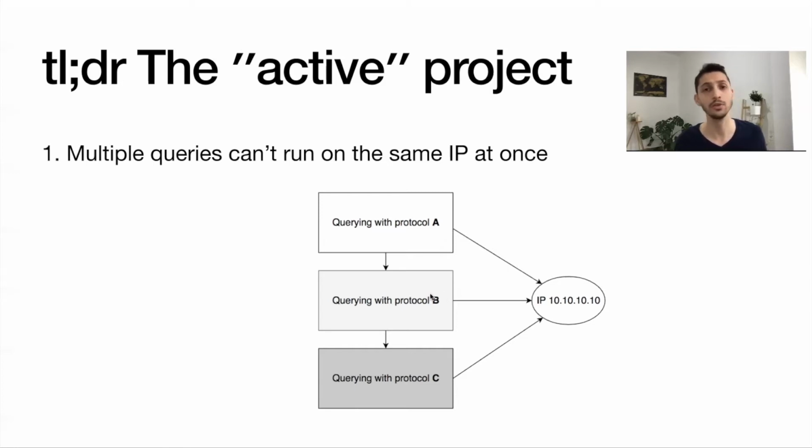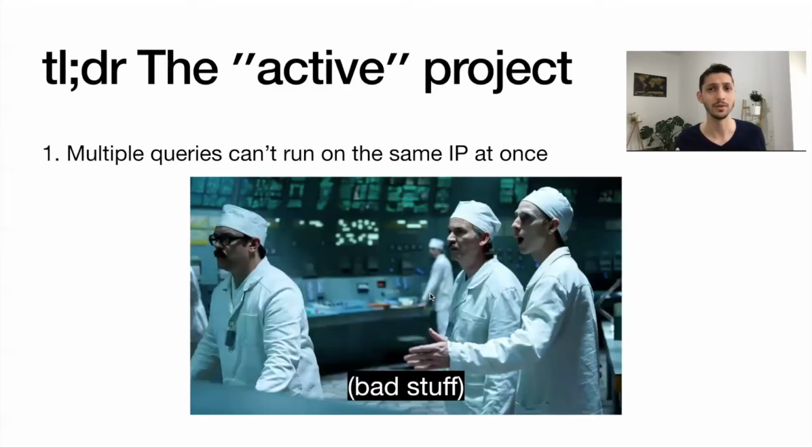We can't have multiple threads trying to access the same IP at once. So my single thread will work one by one with those queries. It's important because we can't have these critical industrial controllers overloaded or DDoSed. Because, you know, industrial controllers have some bad reputation, if you know what I mean.